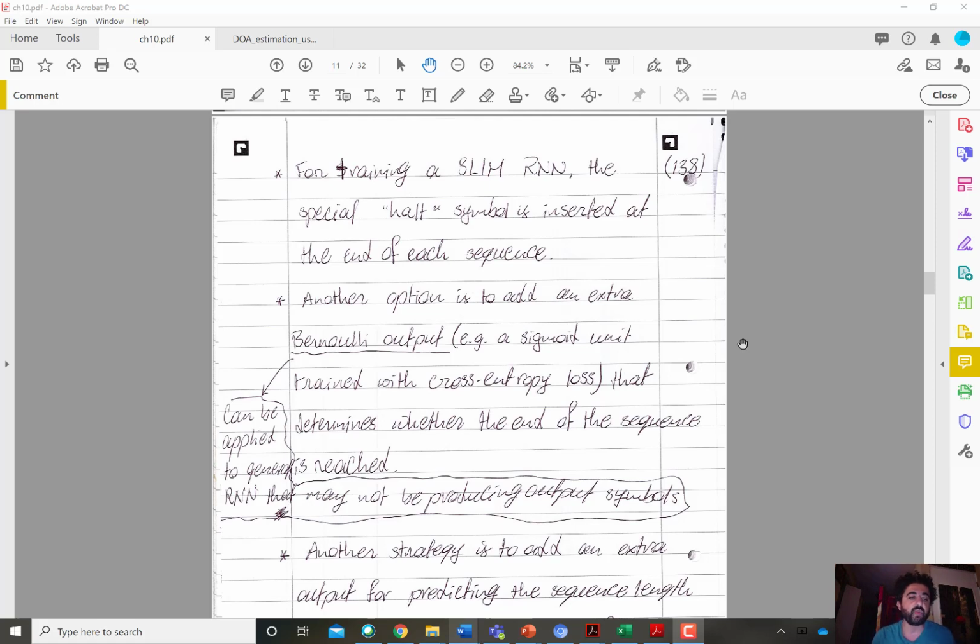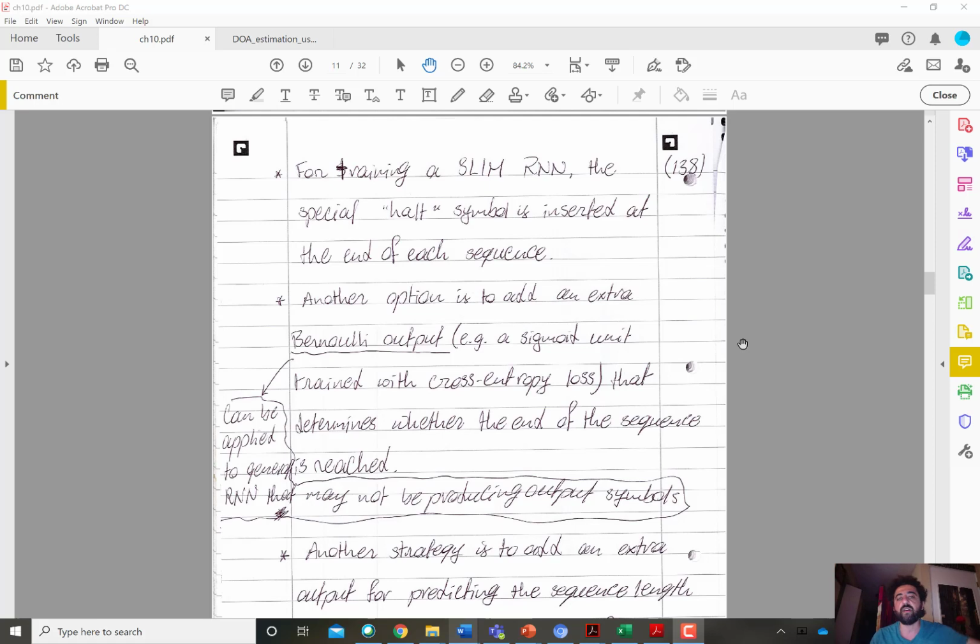So one disadvantage of SLIM or self-delimiting neural networks is that it becomes non-straightforward, or not obvious, for applications where the output of the neural network is not symbols. So think of it as if the output is real numbers, for example, in a regression problem. Then how would you have this special symbol? One alternative to handle that is to have a separate output unit that, let's say, has sigmoid and cross entropy, and this output unit is a 0, 1, Bernoulli output, right?